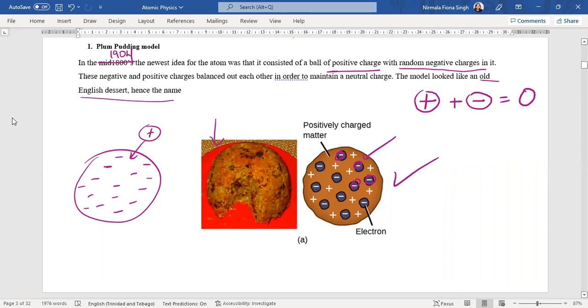For those who look at the recording, plum pudding is basically our black cake without the browning in it, so it's like a pale black cake. That's the dessert they had back then, and it kind of looked like it. The ball is our ball of positive charge, and all our little raisins and cherries and prunes look like our negative charges.